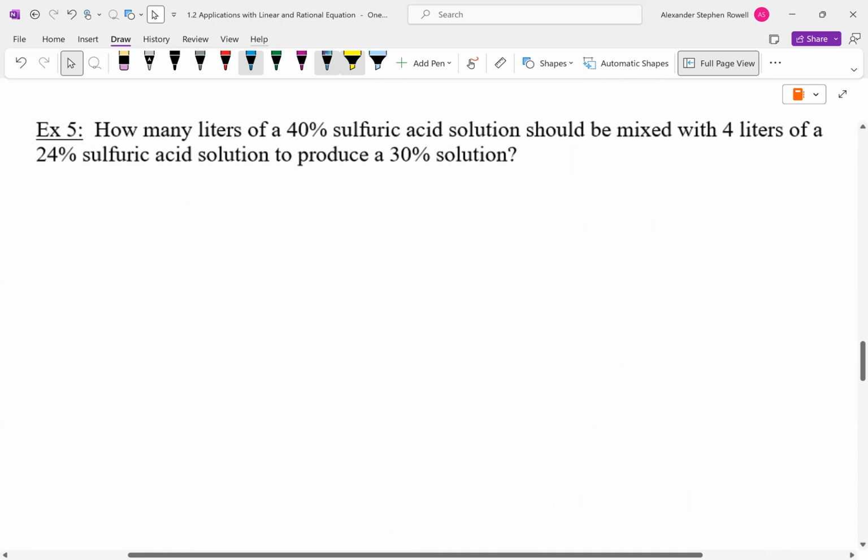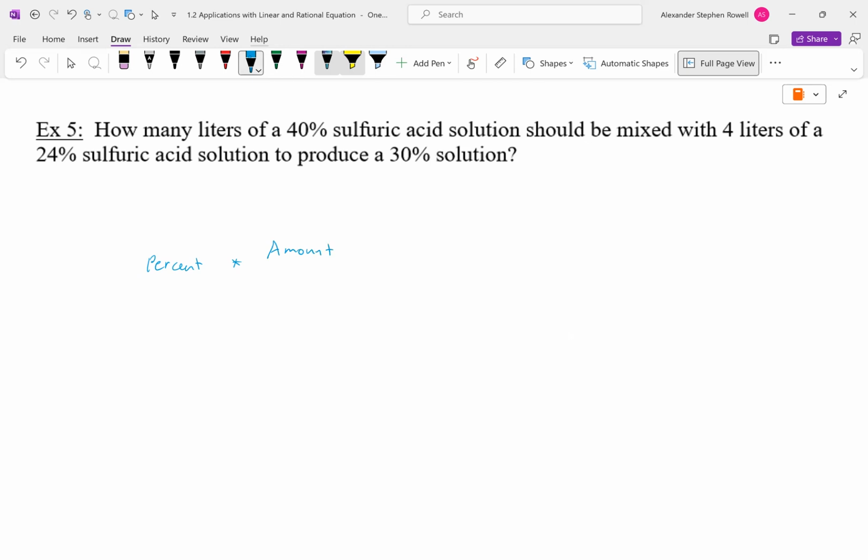Okay, so we identified this as a type of mixture problem. In this case, we would say percent times amount, but really we're talking about amount of mixed solution, equals quantity.